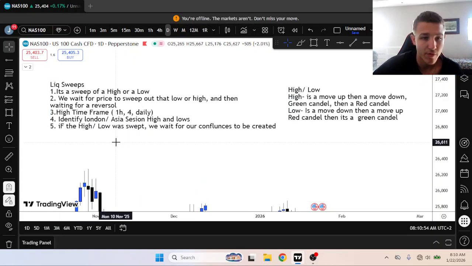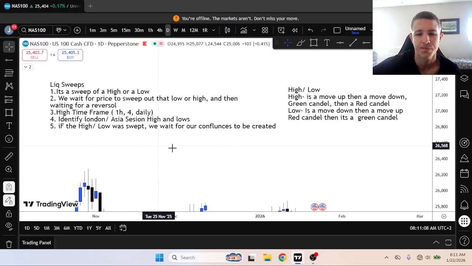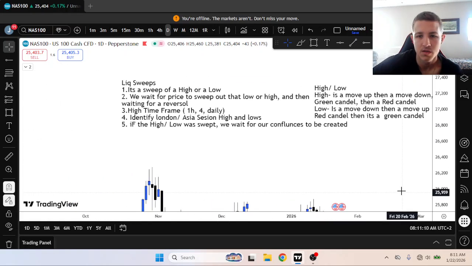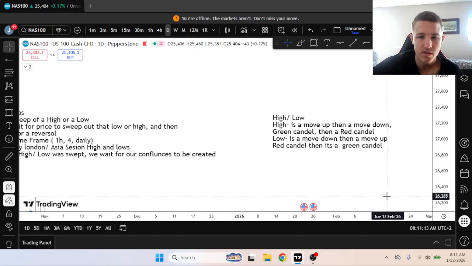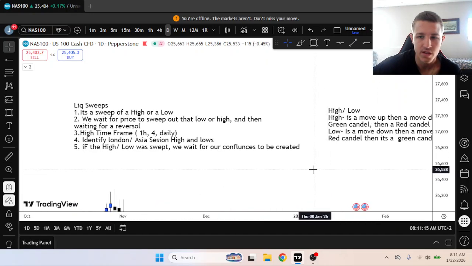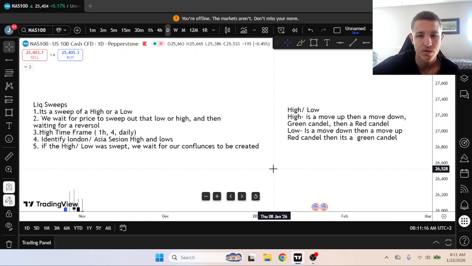Number 4, we need to identify Asian and London session highs and lows. Number 5, if London or Asian session highs or lows get swept, wait for confluences to be created, waiting for our retracements to enter. So that's going to be the basics of liquidity sweep, highs and lows, all in one.